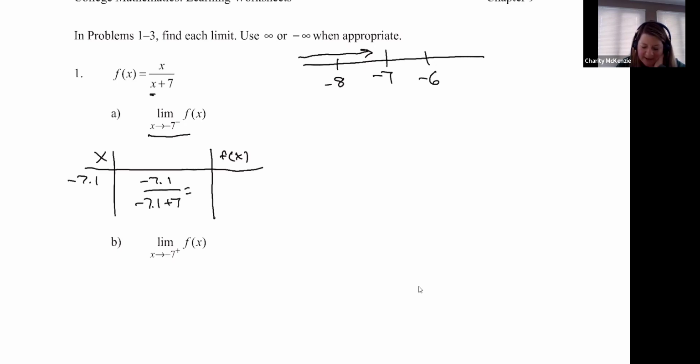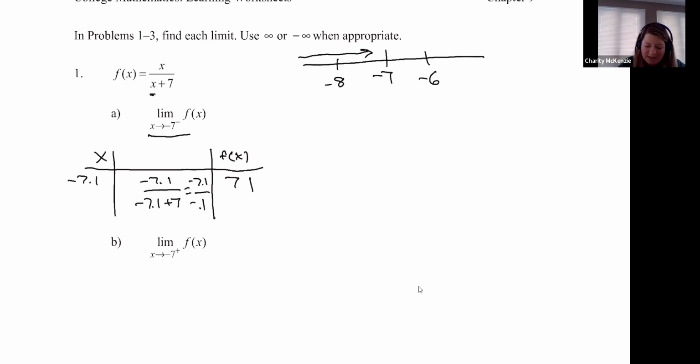And I'm going to still have that -7.1 on the top. And the bottom is then going to be a -0.1. So when I divide those, I'm going to get a positive answer, and it's going to be 71. Oh, hello, I could have just moved the decimal.